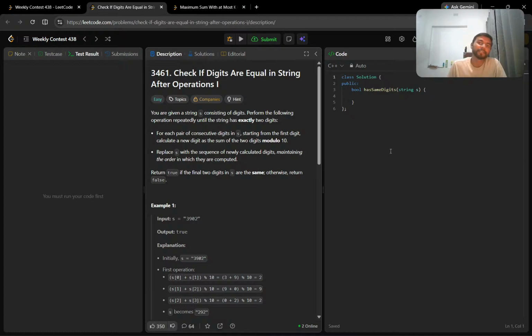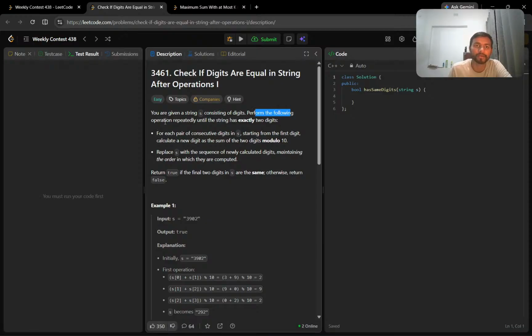Check if digits are equal in string after operations. You are given a string consisting of digits.